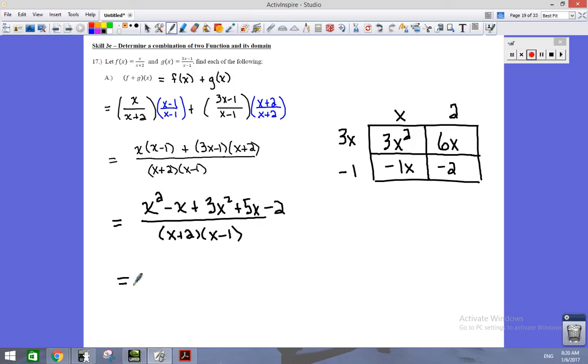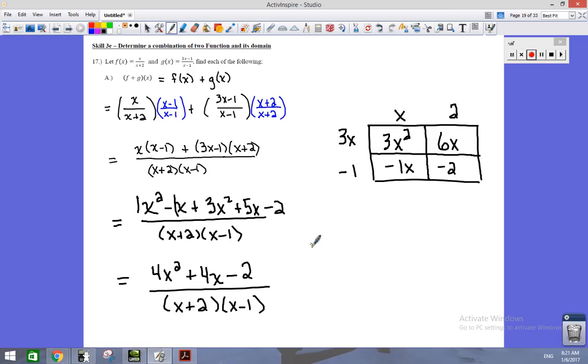And now I'll scan that numerator and see what like terms there are. 1x squared and 3x squared, 4x squared. And again, maybe people like putting a 1 in front of there. 5x take away 1x, 4x, and then I just have this minus 2. And I'm going to leave that denominator in factored form. So there's my final answer for part A.